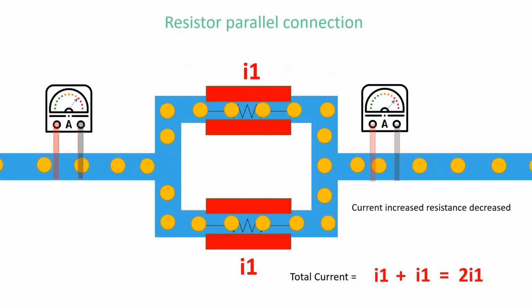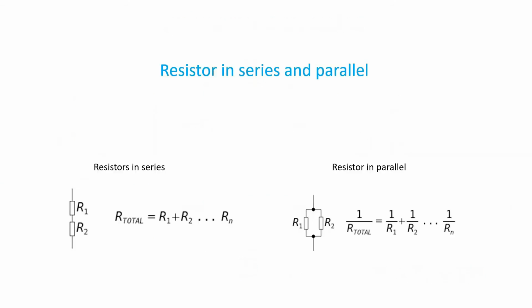So using parallel resistors, we can reduce the resistance. We can say that the total current in the circuit is equal to the sum of the currents I1 plus I2. Here you can see the series and parallel resistance equations.